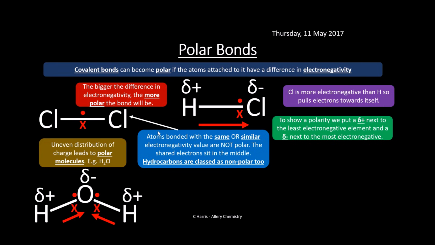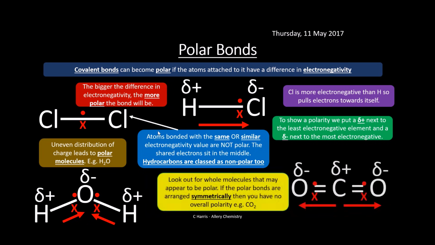Some molecules, like water, are polar. We've got an uneven distribution of charge. But be careful with some molecules which may look as though they're polar, but because the charge is distributed evenly, like carbon dioxide, we have a symmetrical arrangement, therefore we have no overall polarity in this molecule.